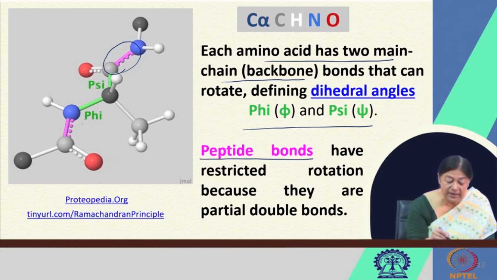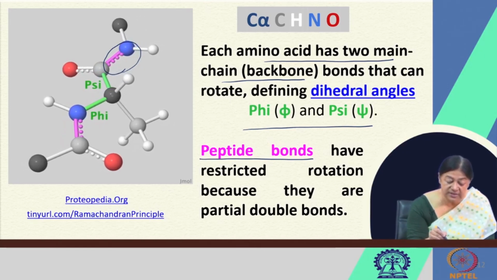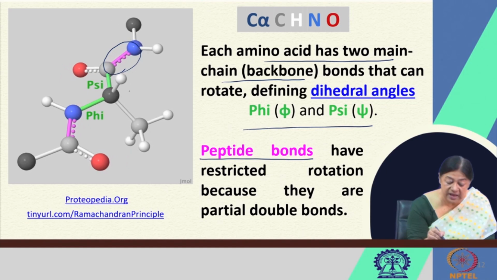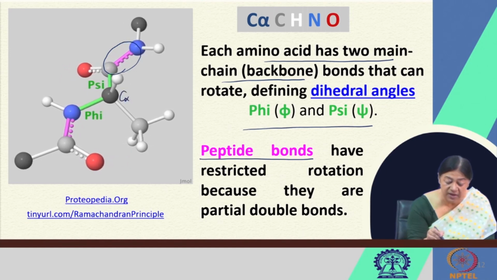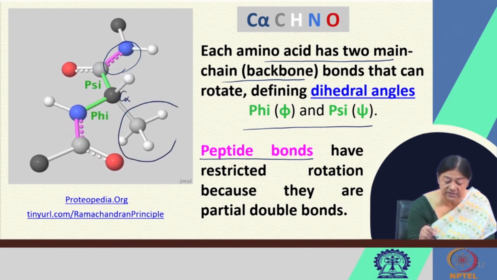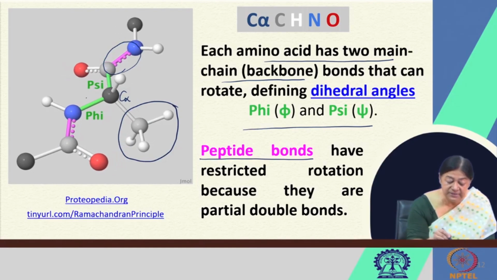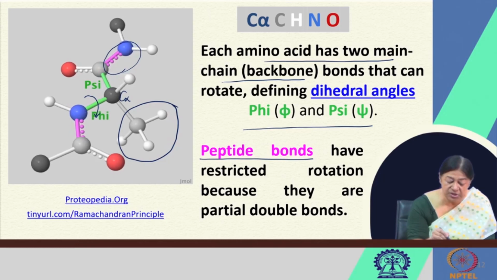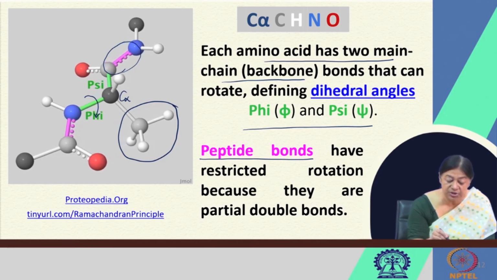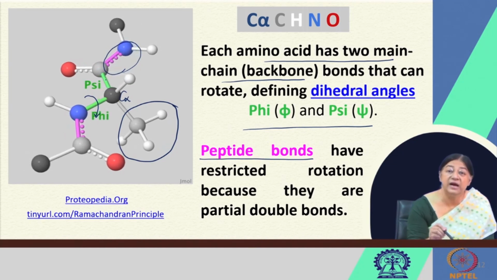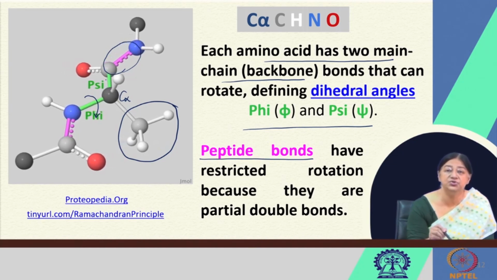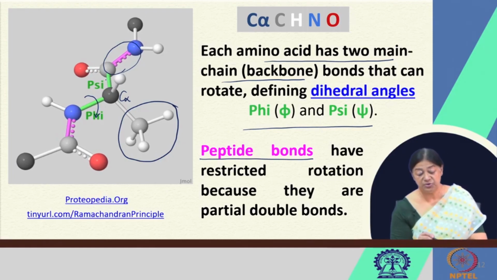Now, when we connect the others, this is the C alpha and we can see this as the side chain. Now, what happens is rotation about this bond, and rotation about this bond is also possible, giving us the dihedral angles that are extremely important in the protein geometry.